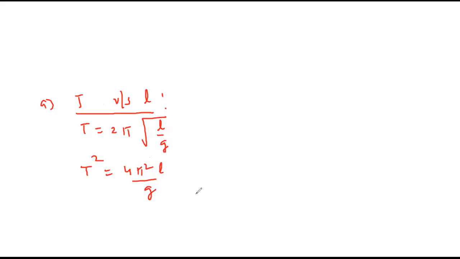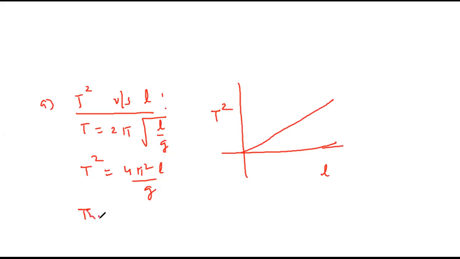It seems the question is T square versus length. So T square is my y and L is length. It is a straight line passing through origin. Whenever you get T square as y, and all other things are constant into x, it is y equals constant into x, a straight line passing through origin.